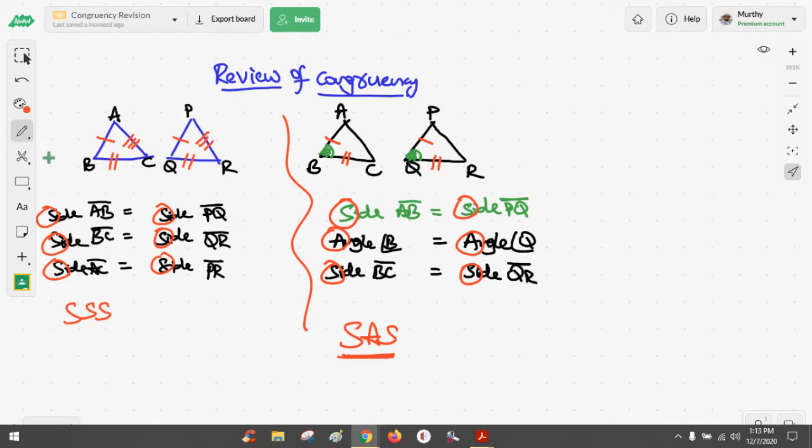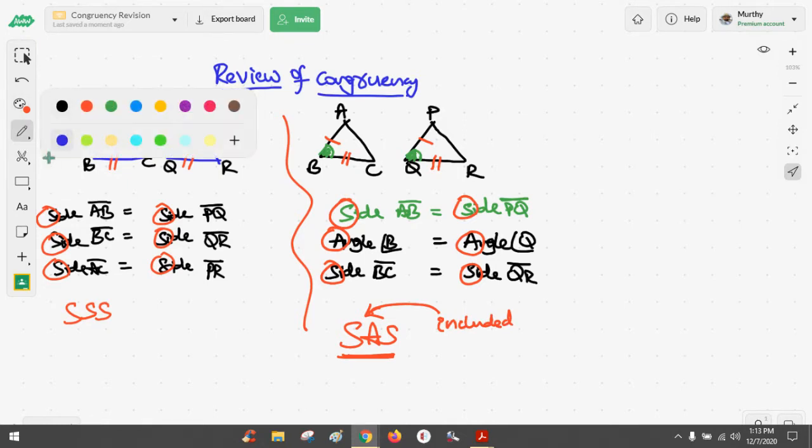But the most important part about the SAS congruency, the angle must be in between. This is called the included angle. The angle must be in between. So again, I'm repeating, when you are using the SAS postulate to prove that the triangles are congruent, the angle must be in between the given two sides.